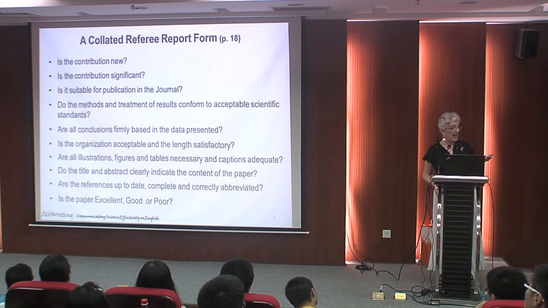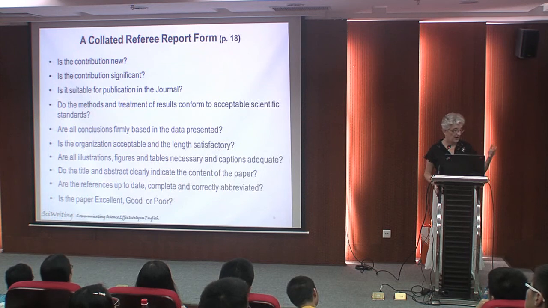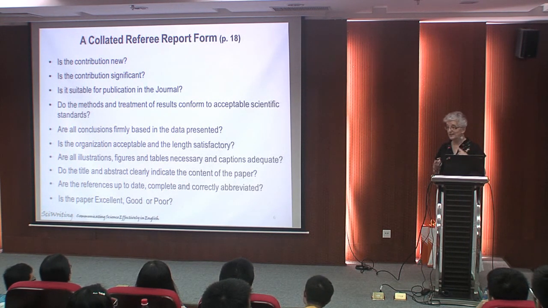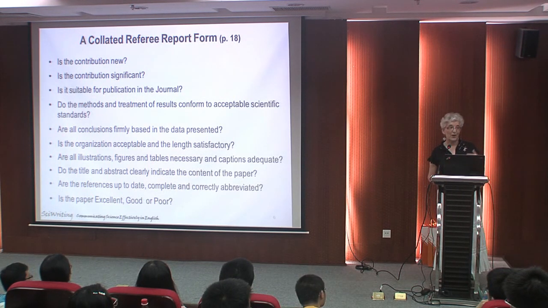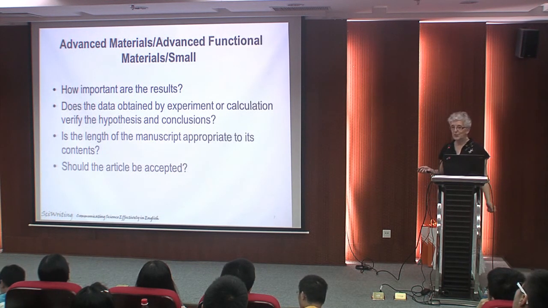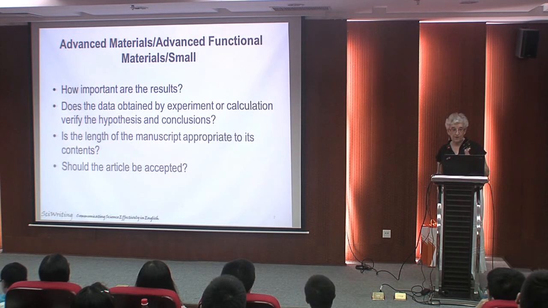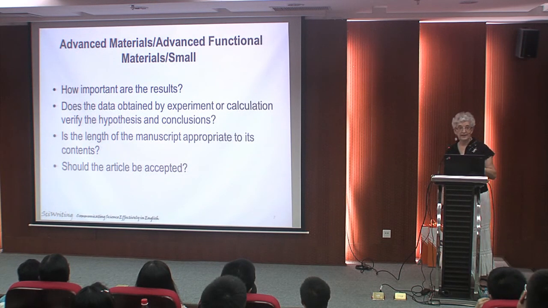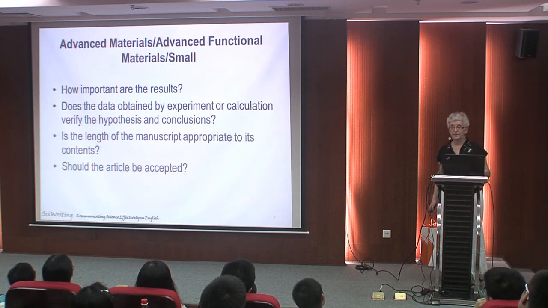I went online and had a look at the criteria for Advanced Materials, Advanced Functional Materials, and Small, the cluster of journals that we are focusing on today. And that is what they say. This is what the referees are asked to focus particularly on. How important are the results? So, new and significant.